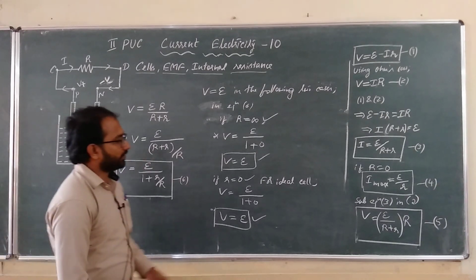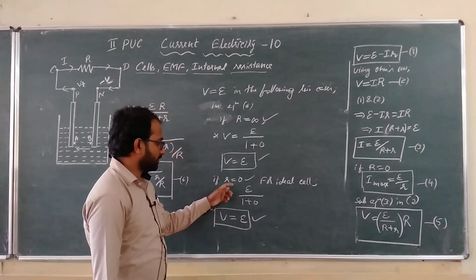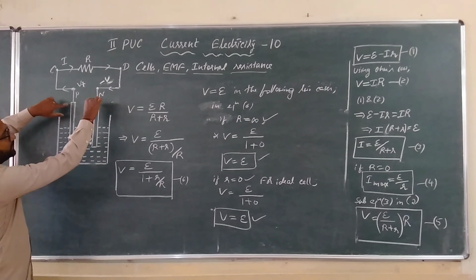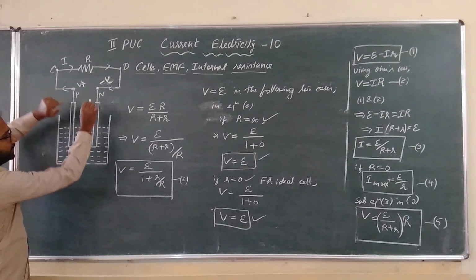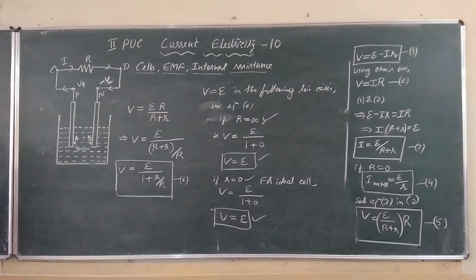So for an ideal cell, small r is 0, internal resistance is 0, then also the terminal potential difference that we measure across the two electrodes of the cell is equal to the EMF of the cell. So that is about the cell, the EMF of the cell, the internal resistance, and the terminal potential difference of the cell.